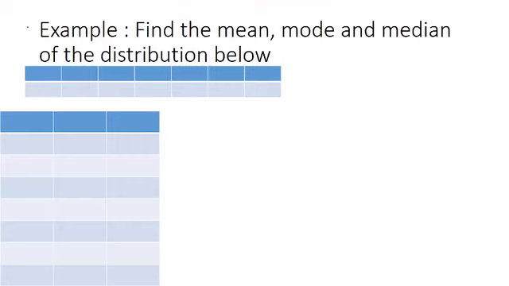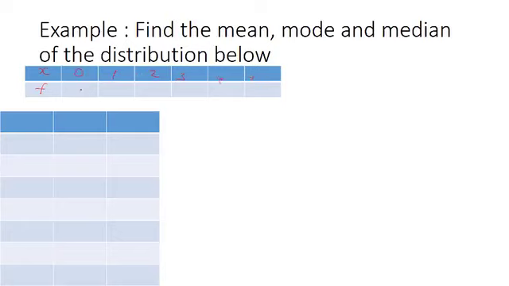Okay, let's solve one question. Now the question is, example: find the mean, mode and median of the distribution below. There's no distribution. Let's just fix a distribution. Let's say we call this our x value, we call this our f value, which is our frequency. Let's just use 0, 1, 2, 3, 4 and 5.